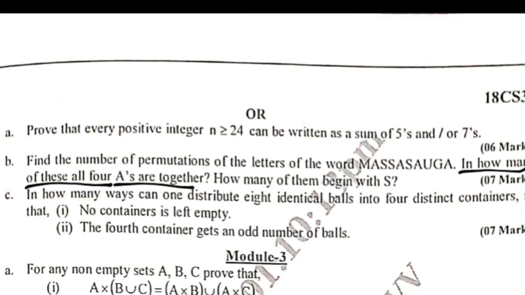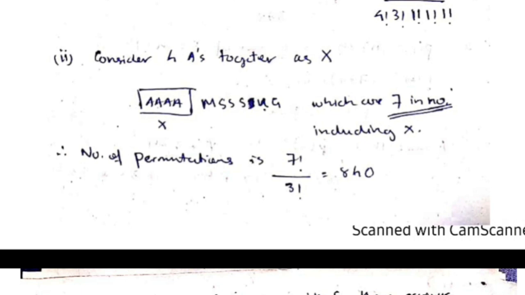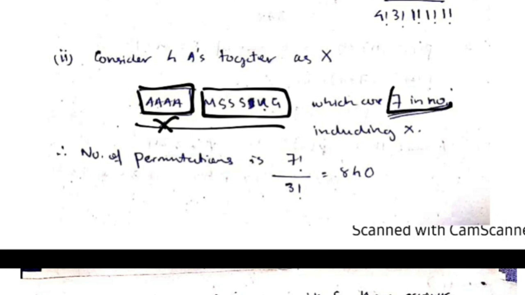In how many of these are all four A's together? It's very simple. We will consider the 4 A's together as a single entity, X, and the remaining letters are M, S, S, S, U, G. So the total number of letters is 7, including X as a single letter. Then the total number of permutations will be 7 factorial by 3 factorial, because 3 S's are repeated.